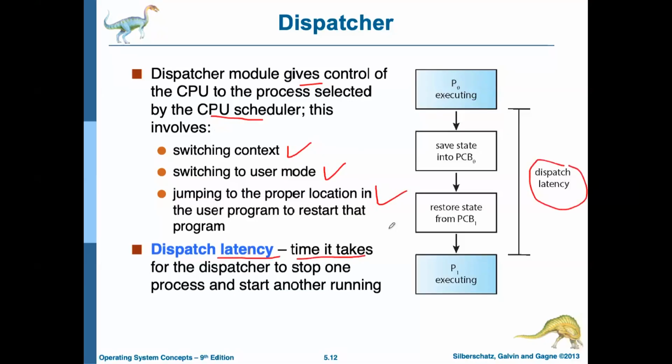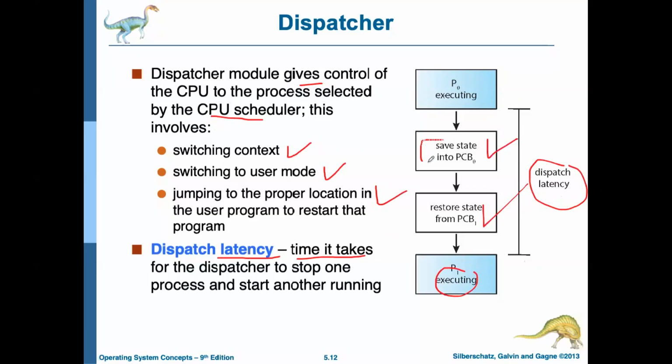In this scenario, there is an interrupt, and this is what is meant by dispatch latency. So what do they need to do? Save, then restore, and then continue executing P1. That's why they need to follow this. Otherwise, they cannot restart.